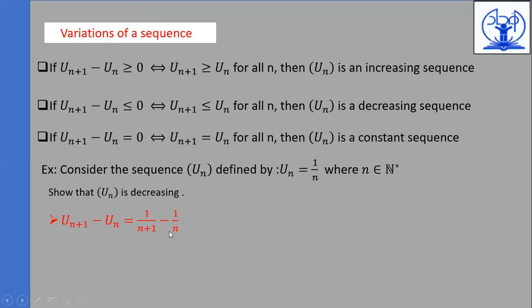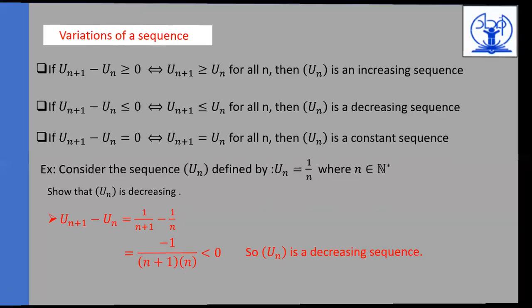So it's 1 over n plus 1 minus 1 over n. Now let me study the sign of this expression. Do not forget that n is a non-zero natural number here, which means that this expression is negative. Consequently, the sequence is decreasing. So this is how we prove formally that a sequence is decreasing.